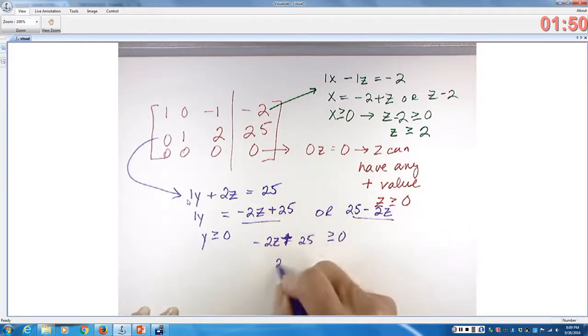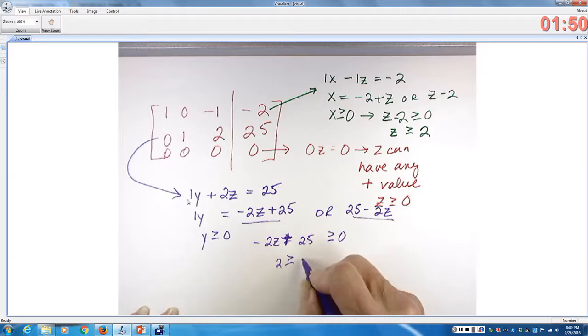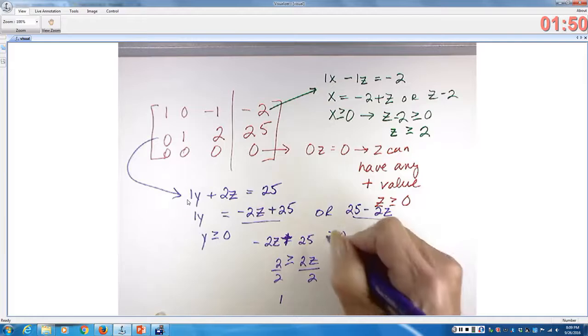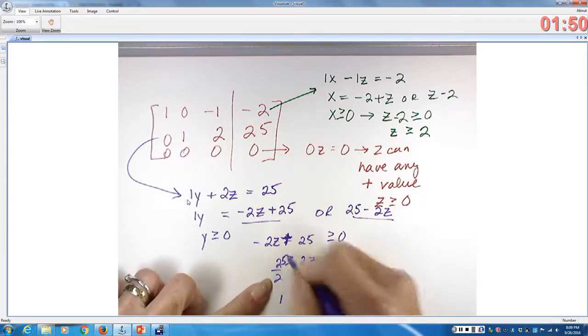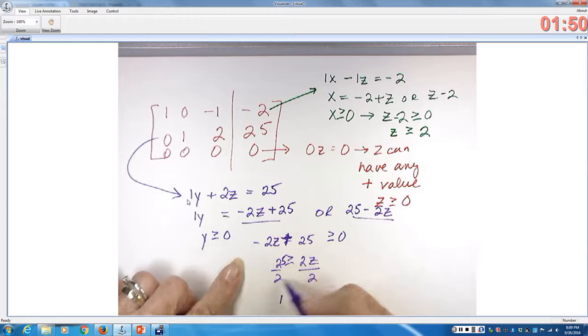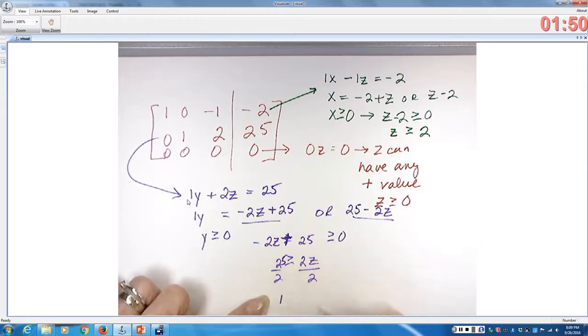So that means I'll add 2Z to the other side and divide both sides by 2. This is 1. No. What did I do? 25 equals 2Z. So that's 12.5.